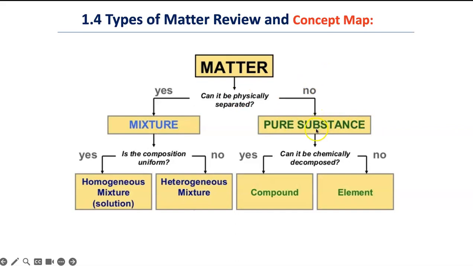And for pure substances, can it be chemically decomposed? If the answer is yes, it's a compound, because compounds are made out of two or more atoms. You can break them apart using chemical methods. If you cannot, if it's a pure substance and you cannot further divide it chemically, then it's an element.